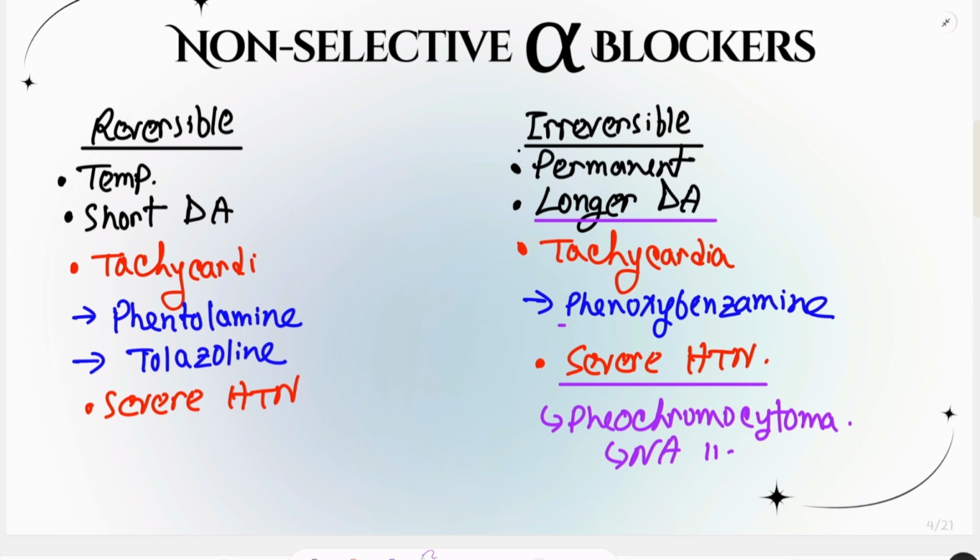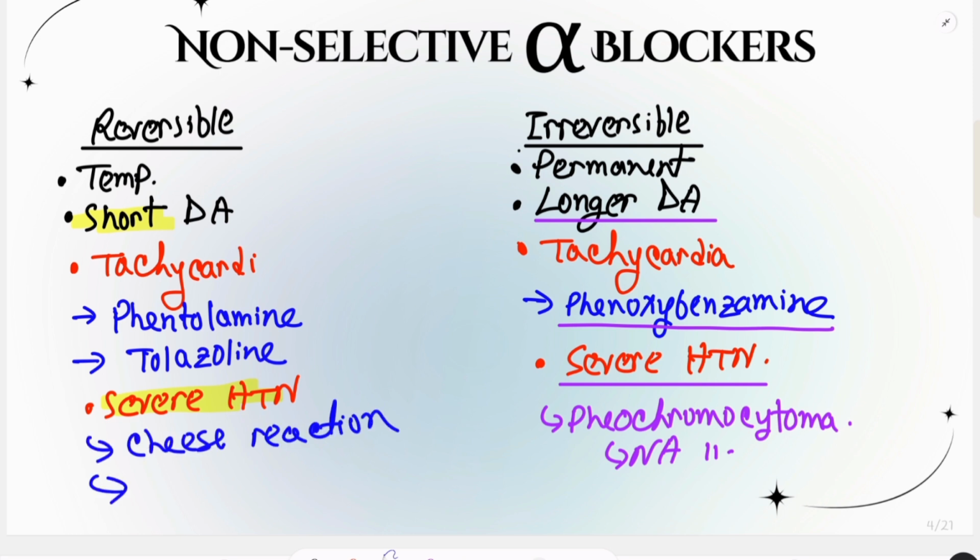So phenoxybenzamine is an irreversible non-selective alpha blocker used in noradrenaline producing pheochromocytoma. And in which condition do we want to suppress severe hypertension for a short time? The clinical scenario of cheese reaction and clonidine withdrawal.